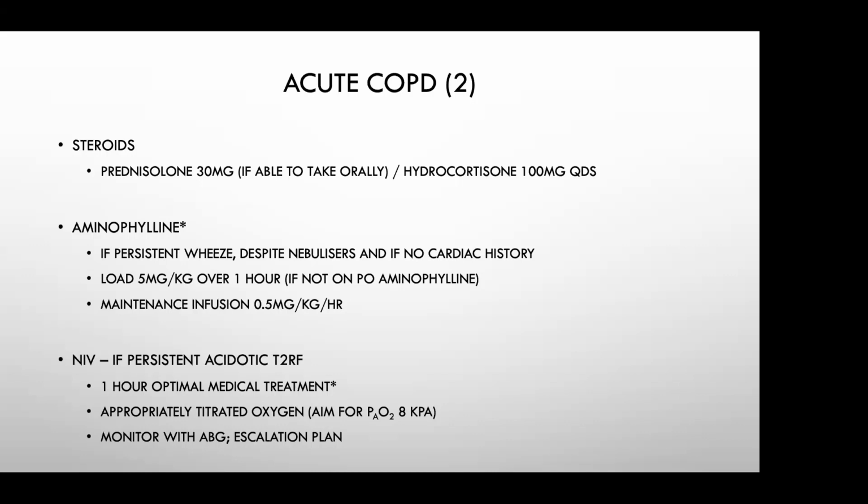It's just important to have considered the potential for tachyarrhythmia. The loading dose is there, and if they've got a persistent hypercapnic acidosis with titrated oxygen and at least 1 hour of medical treatment, then they may need to start NIV.